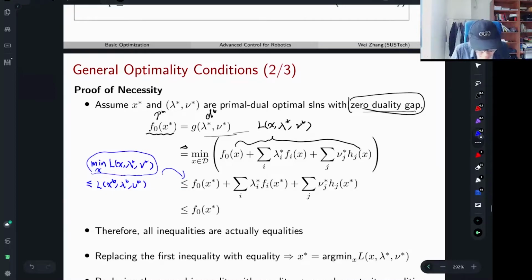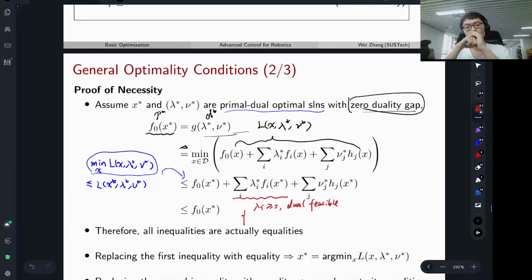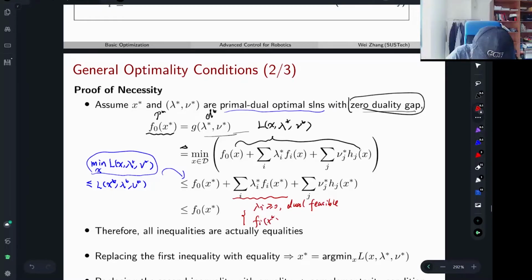I hope that's fine. And because I know it's a primal dual optimal solution, that means it satisfies the constraints, right? When it satisfies the constraints, what does this term have to be? I know lambda star is bigger than or equal to 0 by dual feasibility, and I also know f_i(x star) is less than or equal to 0. This is primal feasible.